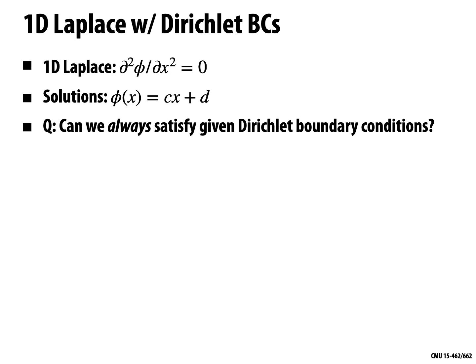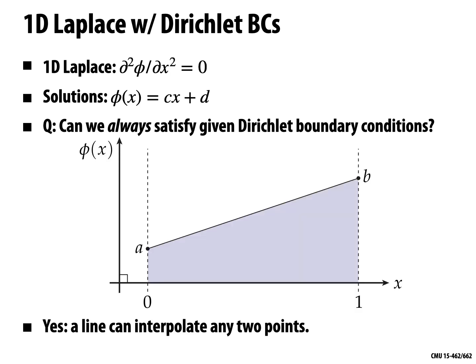Well, sure, we said that these solutions look like straight lines, so we have two values to interpolate. We draw a straight line through them. We're done, right? A line can interpolate any 2 points. Okay, so far it sounds good. We can put whatever data we want in, and we get a solution to our PDE.